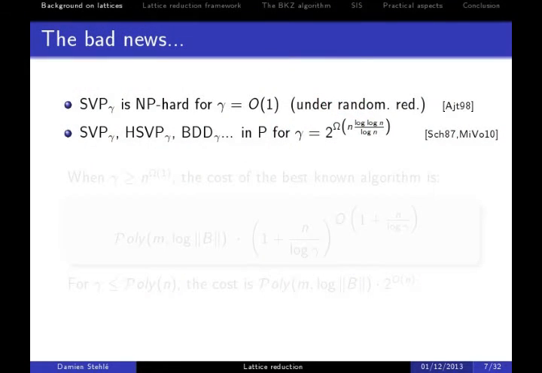Okay, so here is the bad news. When gamma is very small, SVP is NP-hard. So it's almost NP-hard; it's NP-hard under randomized reductions. But for all practical purposes, it means the same. So it's very unlikely that we can find an efficient solution to SVP when the dimension increases.